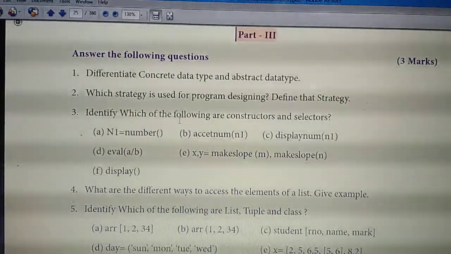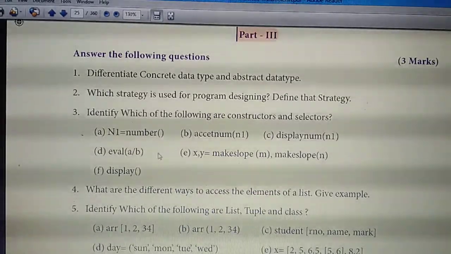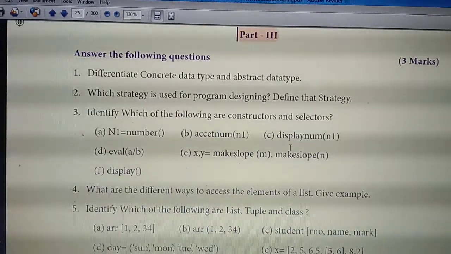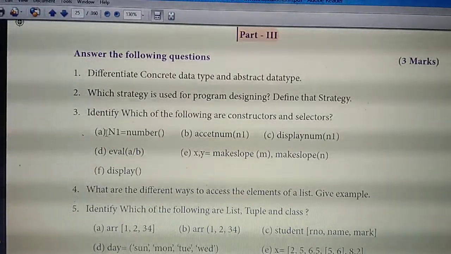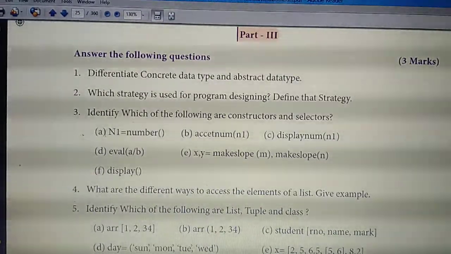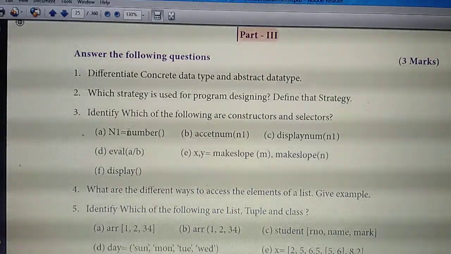What the question asks is that you need to find which of the options are constructors and which are selectors. So near A you write constructor. Have you all written? A, answer is constructor.